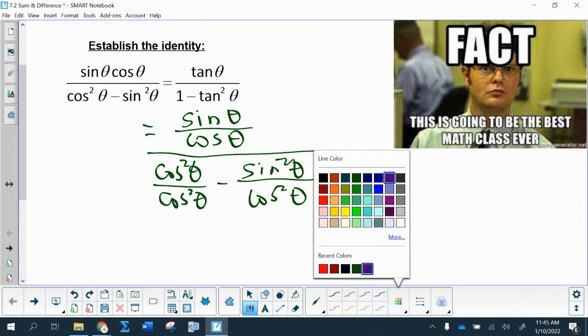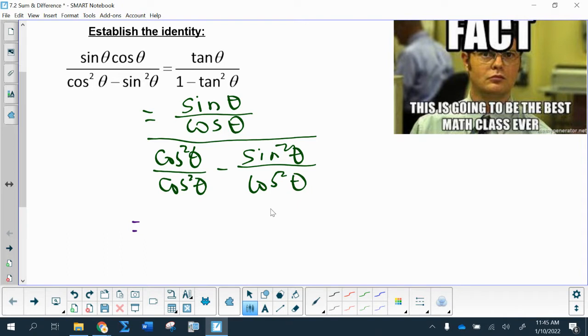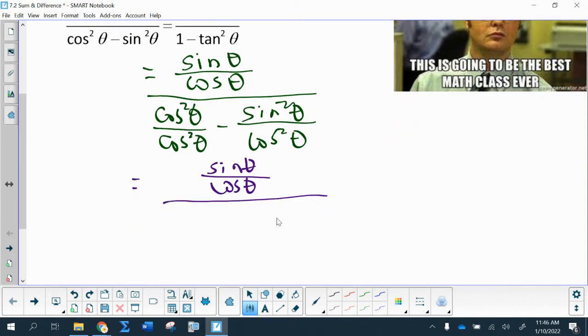Once we get to here, I'm going to combine like terms with the one common denominator in the denominator. So this now becomes sine over cosine over cosine squared minus sine squared over cosine squared.